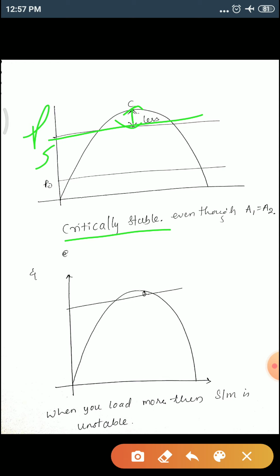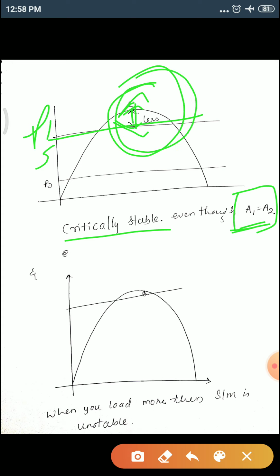So even though area 1 and area 2 are equal, the capacity of sustaining the electrical power will be lesser than that of the mechanical. So during such conditions, your system will be critically stable even though the areas are equal.